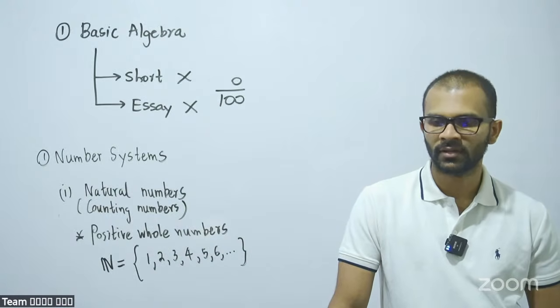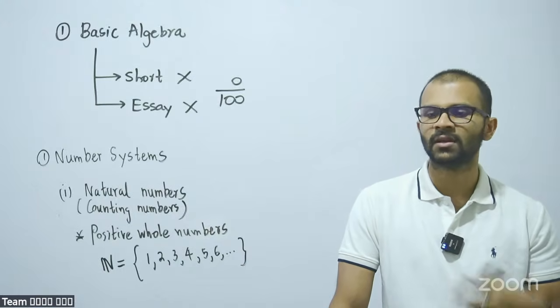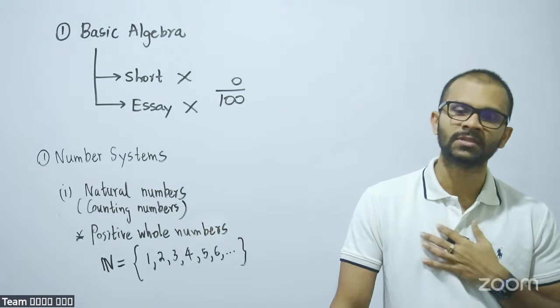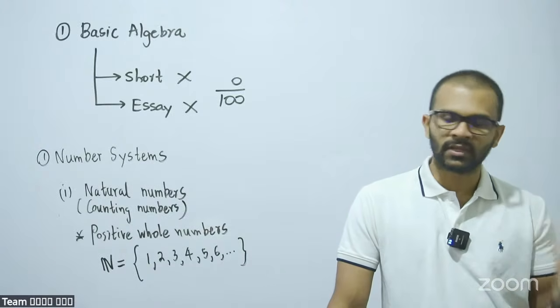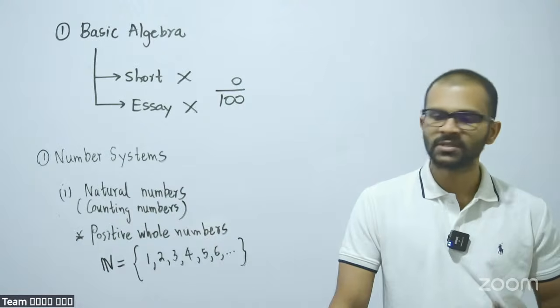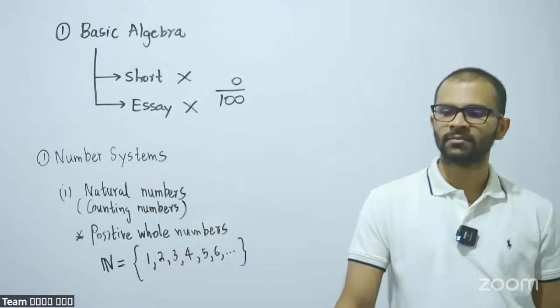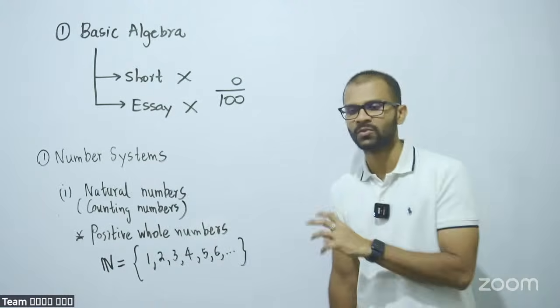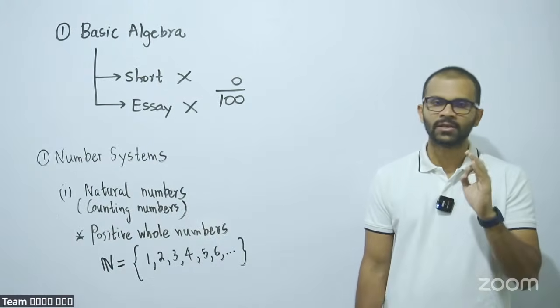Right, Lamai? Make sure you write this set and the explanation, definition, and other names. Whole numbers can be given the name natural numbers, and can be called counting numbers, right? So there are different names that we can use, but mainly we use natural numbers.